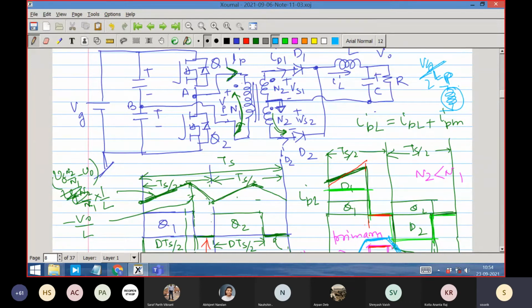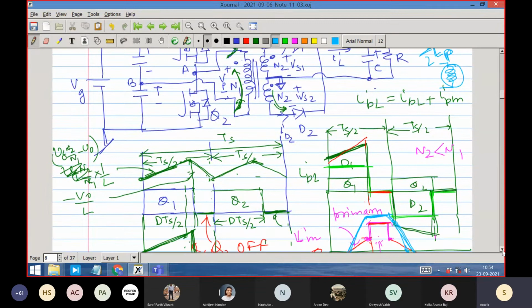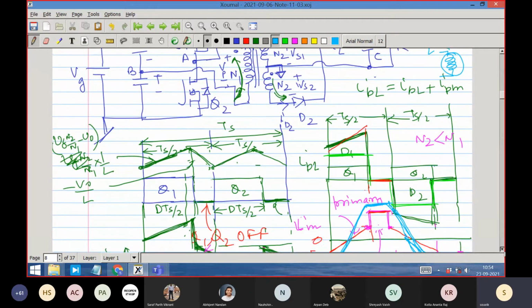So it understands, I must compensate it, and since it's connected to a voltage source, I will draw extra current in the primary to compensate the MMF in the secondary because of the load connection. Eventually it will make the net flux the flux level I am showing, whether it is no load or load condition.